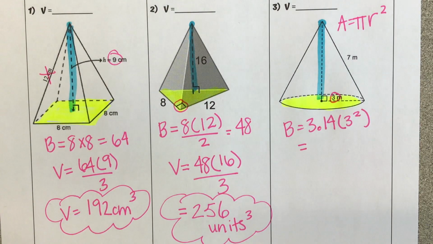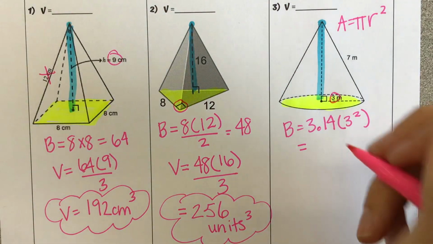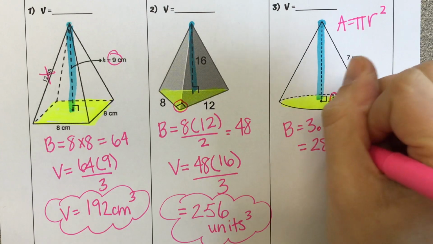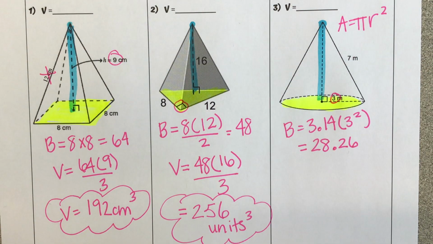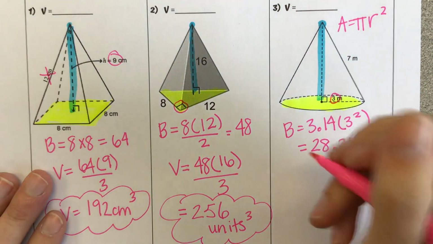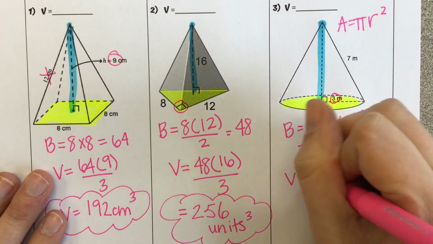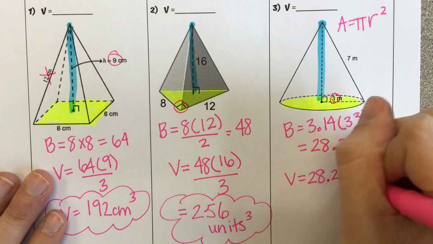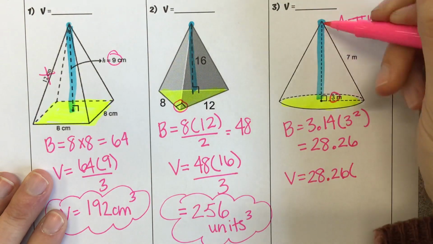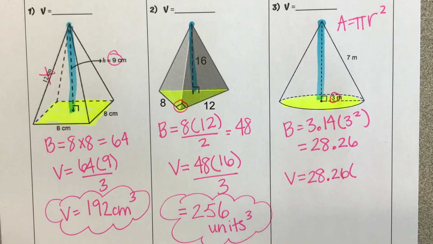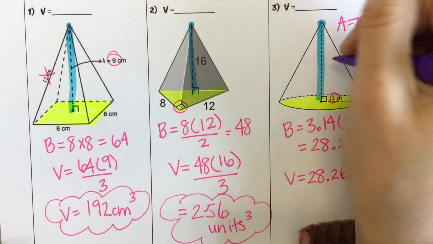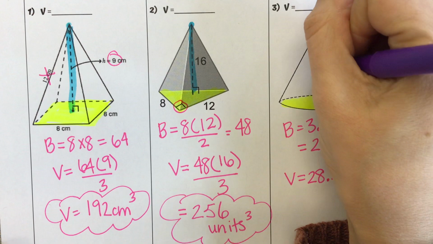So I'm going to plug in 3 times 3 is 9, times 3.14 gives me 28.26. So that's our area of our base. For our volume formula, we're going to take that base area of 28.26 times our perpendicular height, which should be given to you and is not given here. So we're going to say that this is 5.2.